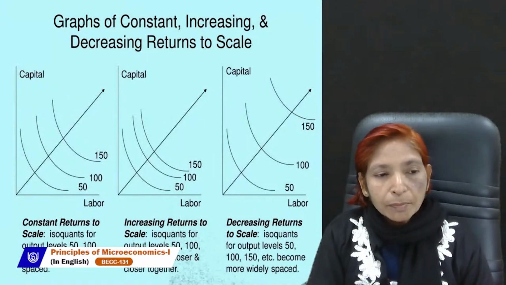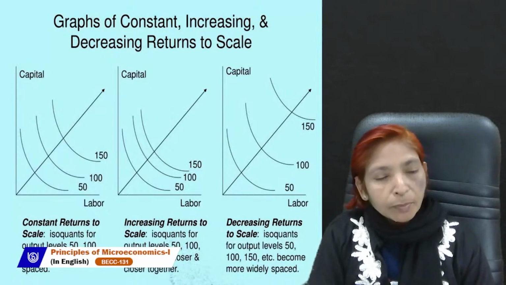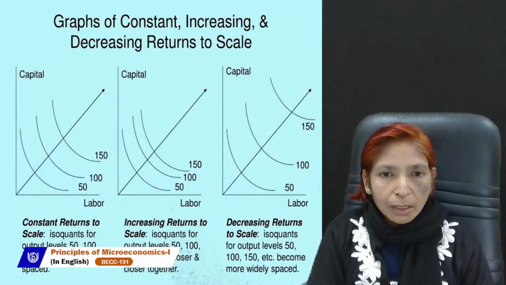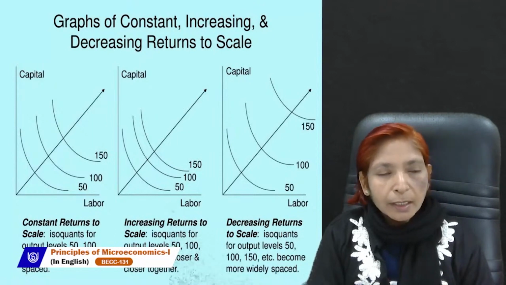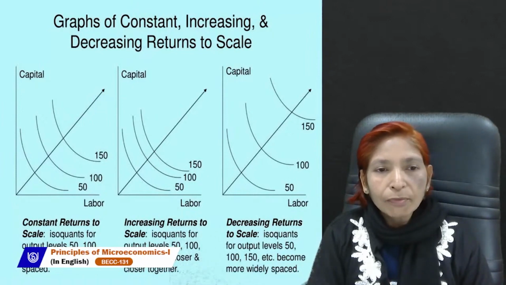This expansion path is a 45-degree line, which represents the long run expansion path. Because in the long run, as you know, all the factors of production are variable, you can easily change both factor units. No factor is called fixed.